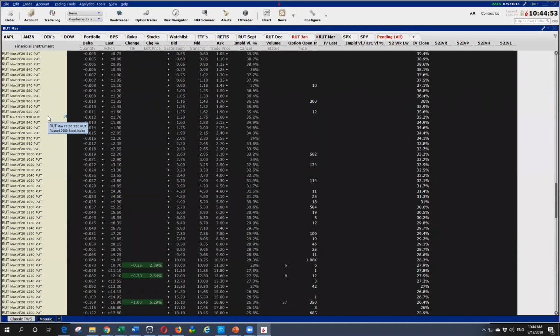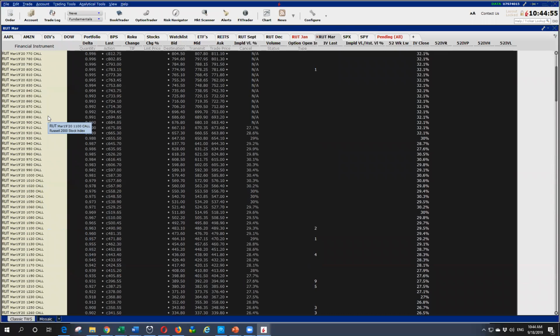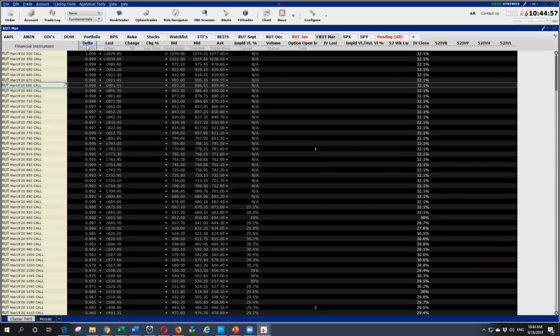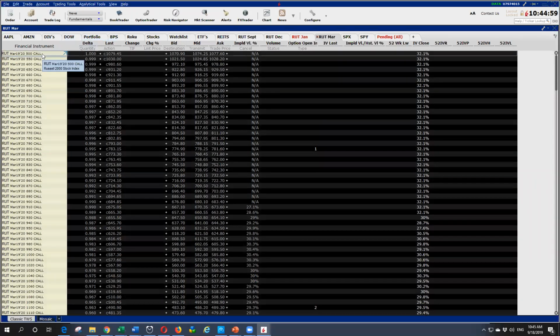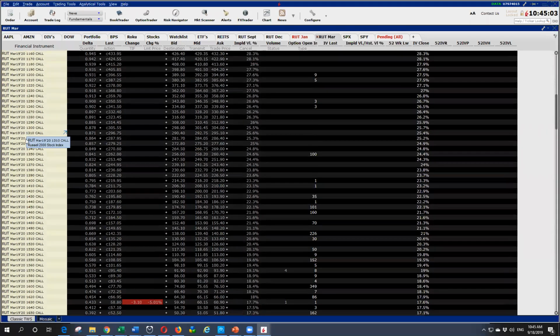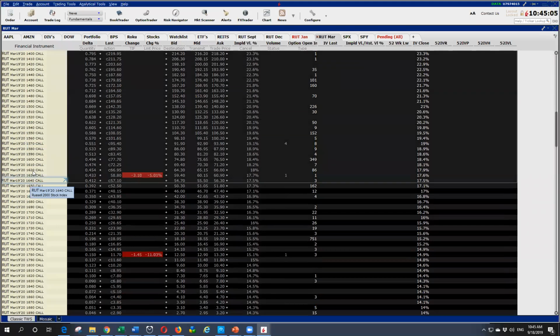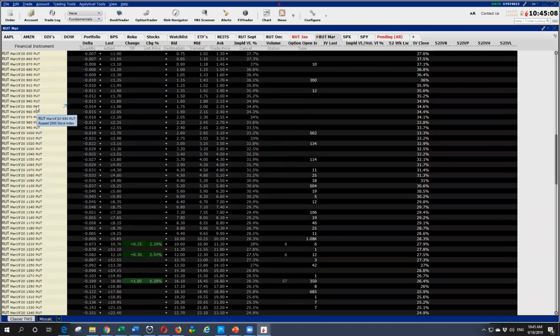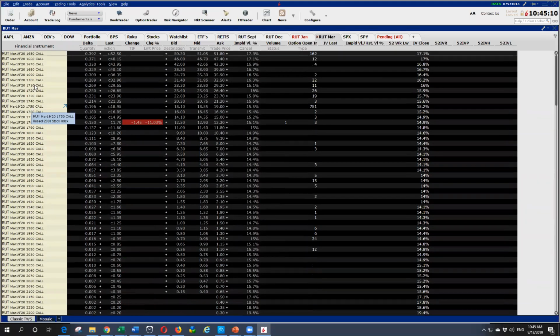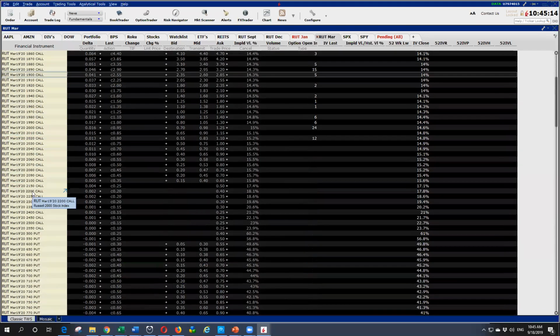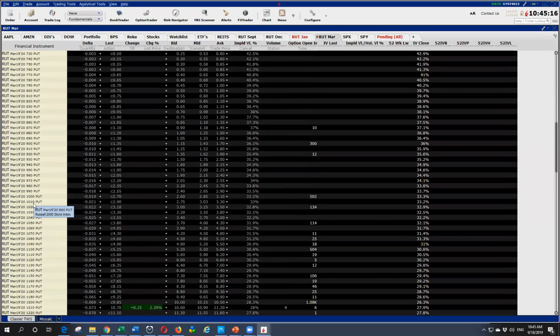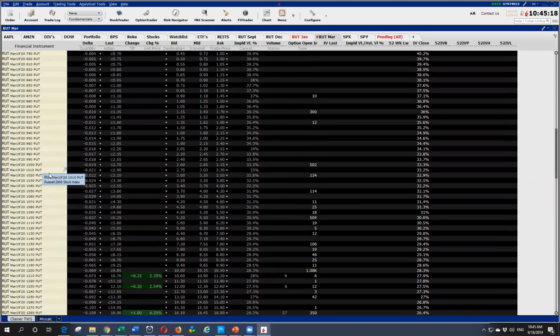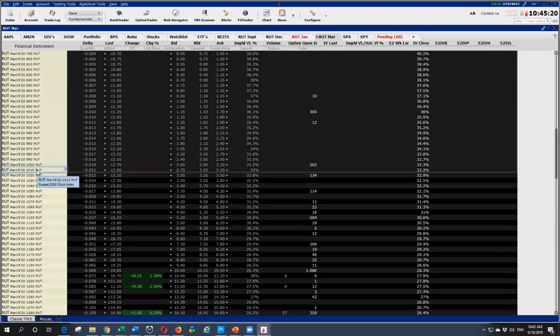Okay, so I'll add all the options for this expiry, and then I'll sort by delta, which looks like it already is. And I'll get rid of all the ones that I don't really need, the really high delta ones and then the really low delta ones. On the put side, sometimes I'll leave these little ones at around 2 delta.